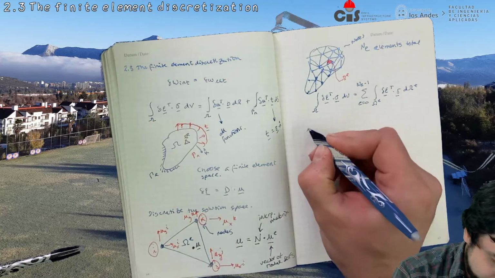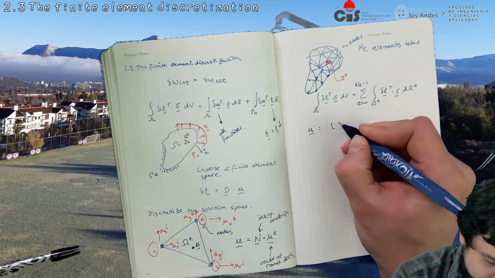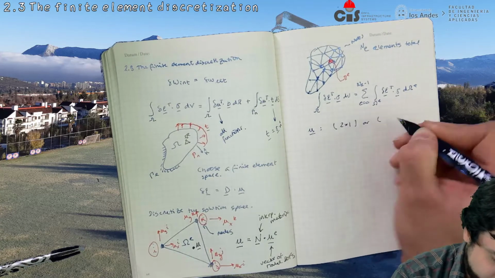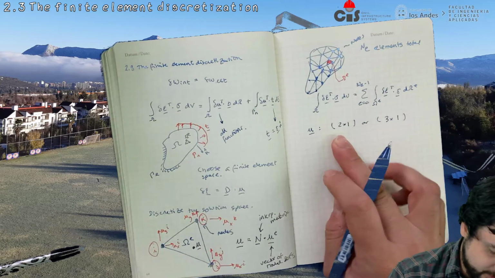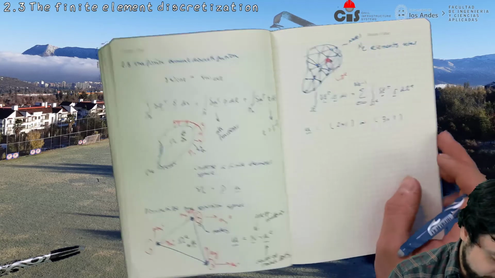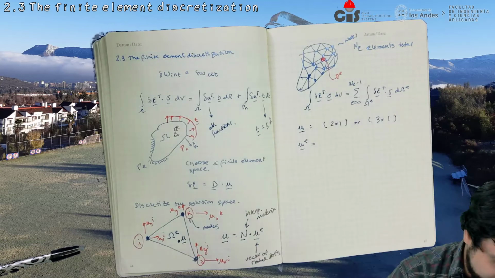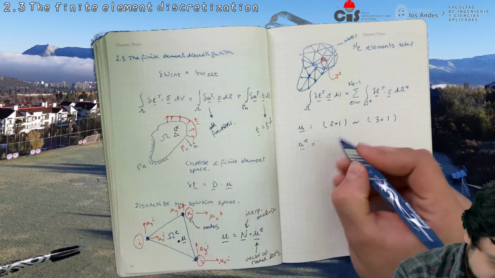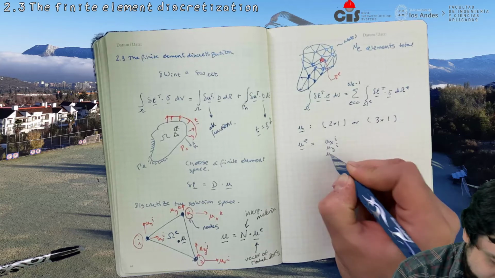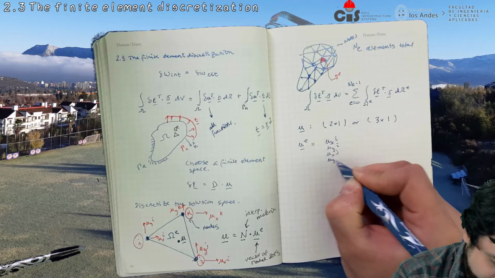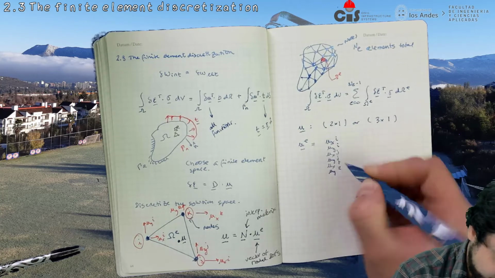Okay, so if we think about it, going back here, u is of shape, it can be 2 by 1 or 3 by 1. Let's just go for 2 by 1 for now. This is in 2D, this is in 3D. u_e is the vector that collects all the nodal displacements. So you get ux_i, uy_i, ux_j, uy_j, ux_k, uy_k.